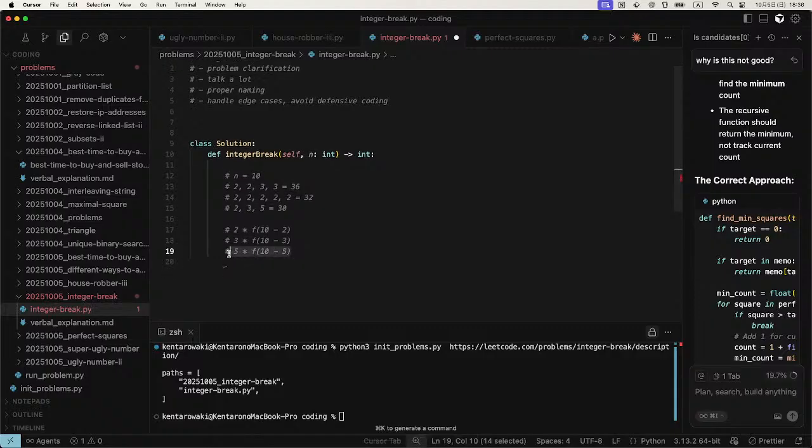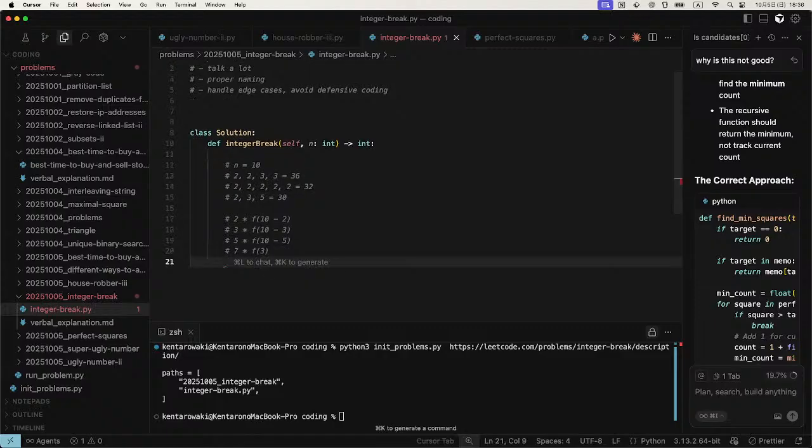Yeah, and regarding 7, maybe we don't need to do it for 7 because it's like this, 7 times... following my intuition, I'm not sure.